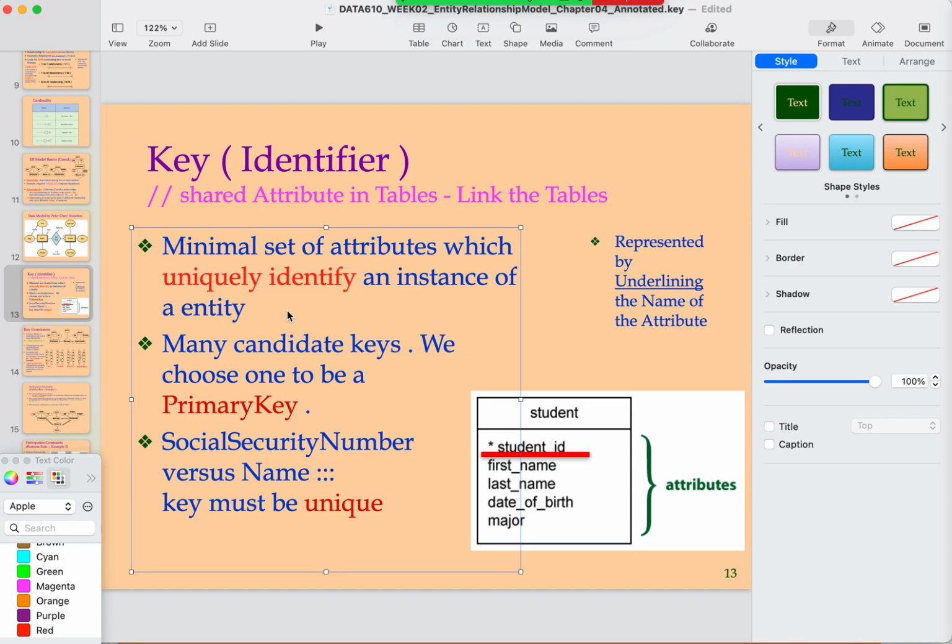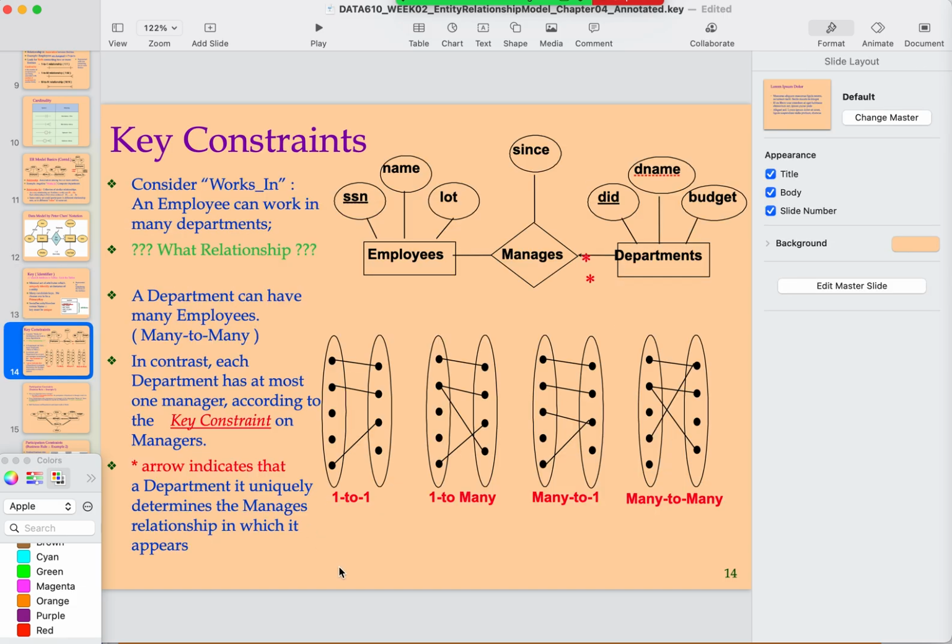So it uniquely identifies an instance of an entity. If there are many keys, we can choose one of them to be the primary key, but it is a unique identifier, so social security number versus name. There could be two or more employees or students with the same name, but the student ID or their employee ID or their social security number is going to be unique or different, even if they have the same name, and that helps us to identify them.